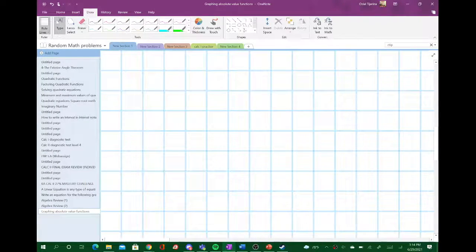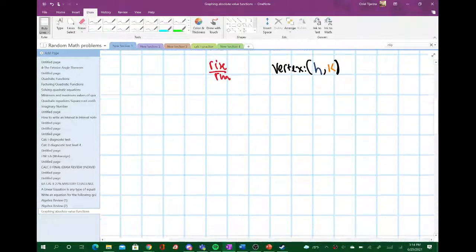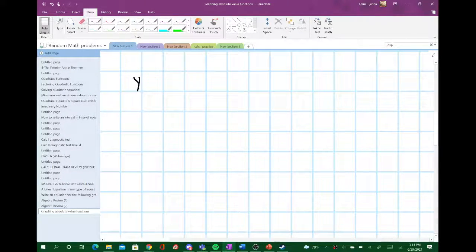Now, we're going to look at some examples, and I'm going to first try to graph a very basic one. Let's first look at the absolute value of x, actually.